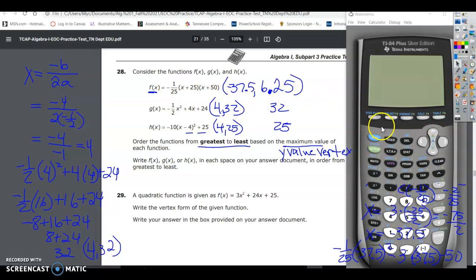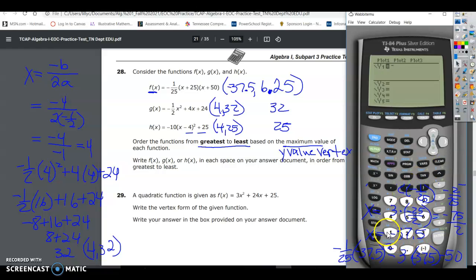If I want to graph this, I'm going to turn it on, hit y equals, clear out the last one, and type in this equation here. You could type in the one we put in standard form. It doesn't matter which way it is as long as you type it in exactly how it says. Excuse me, I did not type it in exactly how it says.